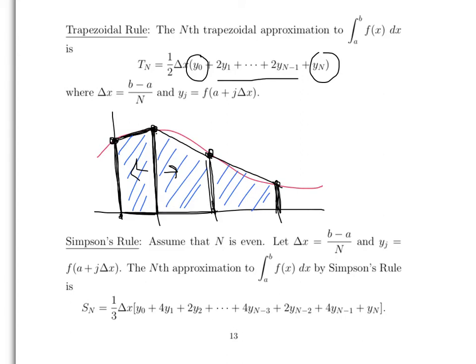It's really just coming from, if you remember, the area of a trapezoid is 1/2 your base times height 1 plus height 2. So that's where that's coming from. It's really just using the area of a trapezoid idea to get all these different trapezoids added together.